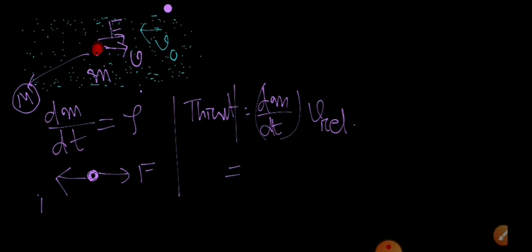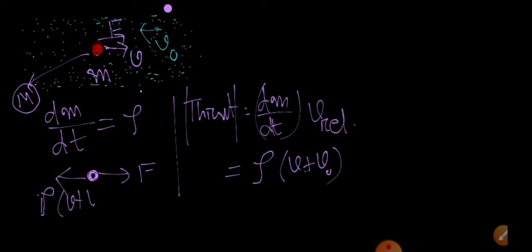Here dm by dt is equal to rho, and the relative velocity of the dust particle with respect to the system is v plus v naught. So the thrust is equal to rho times (v plus v naught). Once you've done this, everything is over.